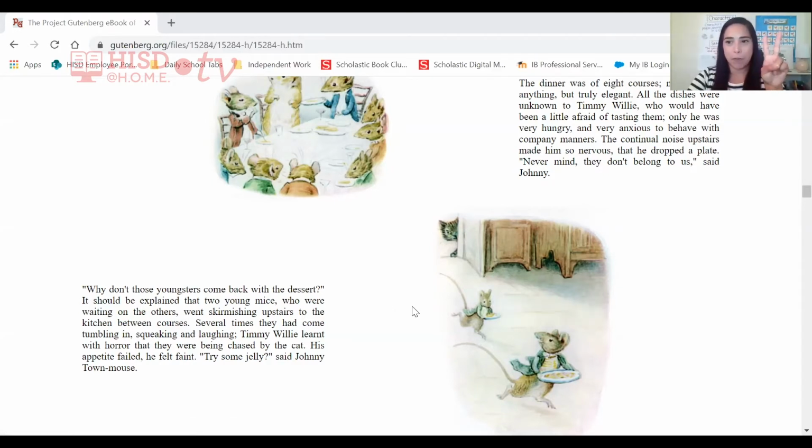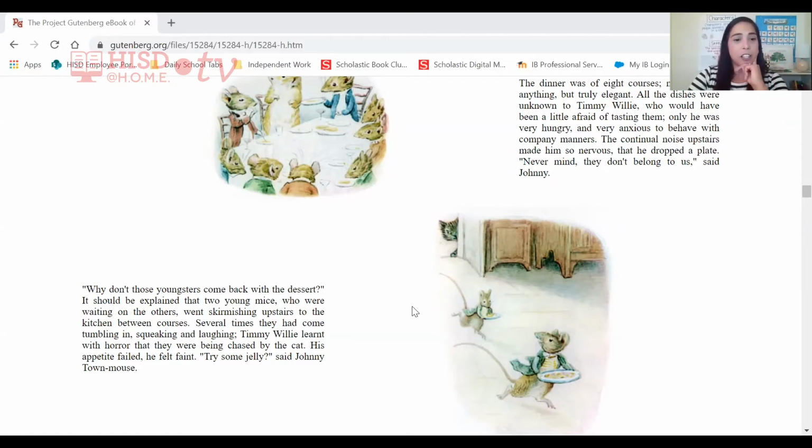I inferred that two ways. I inferred that with connections. I inferred that because most mice are afraid of cats. I've learned since I was a little girl that mice and cats don't get along. So I used my connections, but I also used the author's clues.